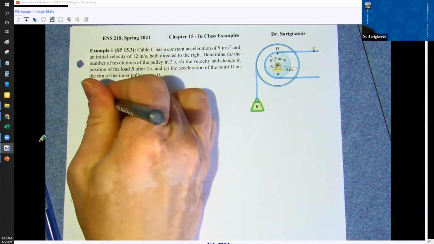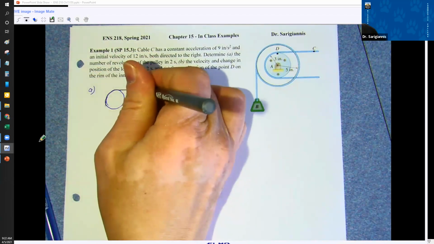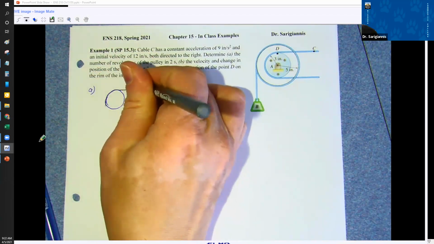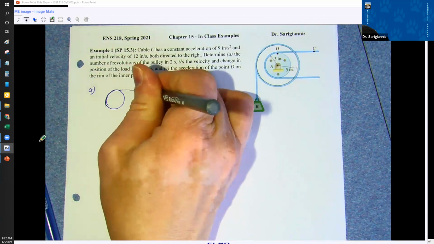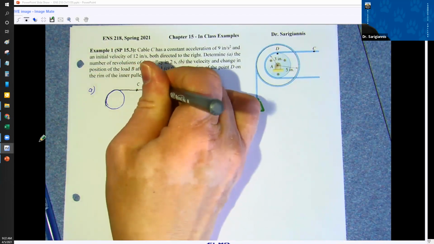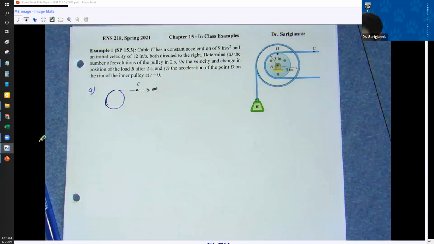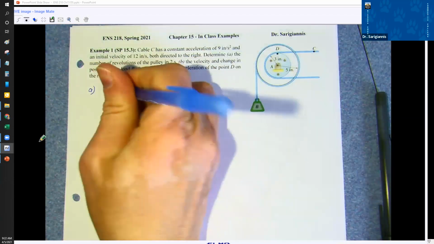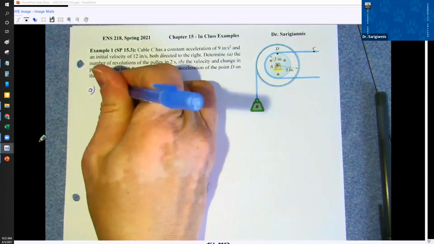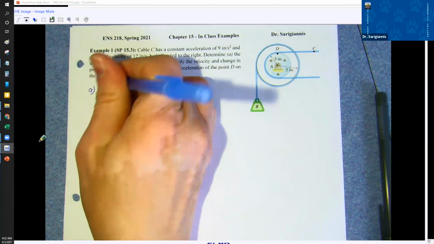And there is this cable around it. That's just the direction. And then we've got the center point. We've got D.